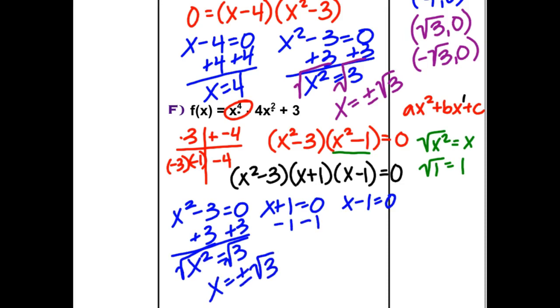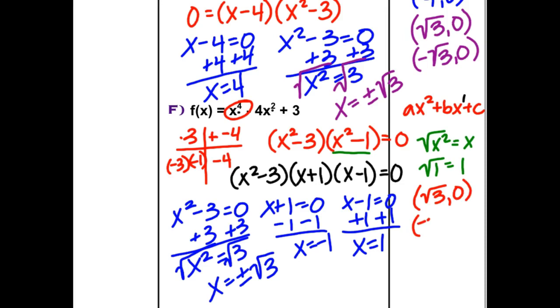Here you subtract 1, here you add 1, and you get x equals negative 1 and x equals positive 1, which means that my 4 zeros are square root of 3, 0, negative square root of 3, 0, 1, 0, and negative 1, 0.